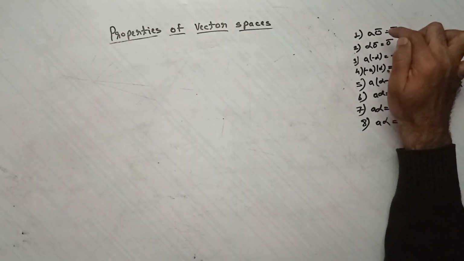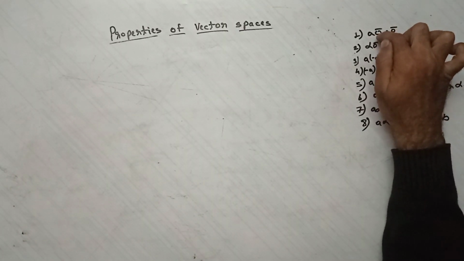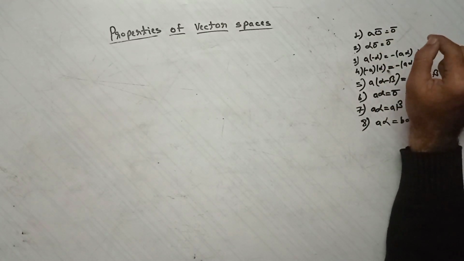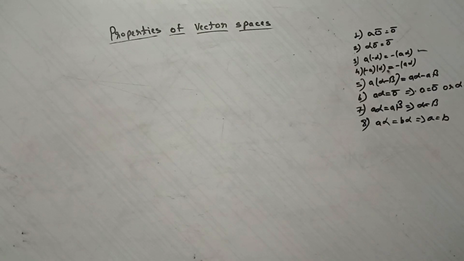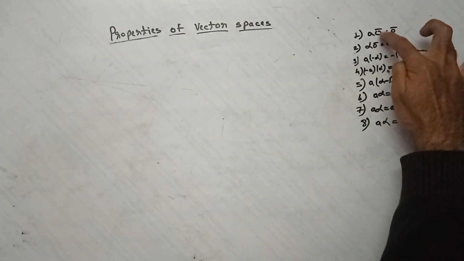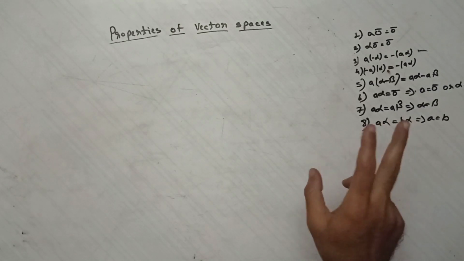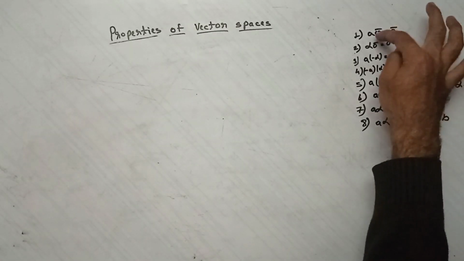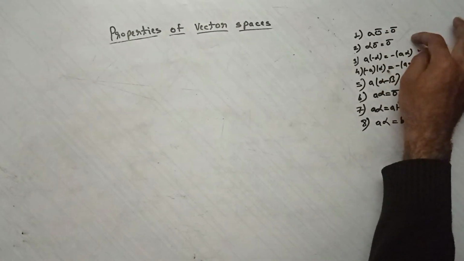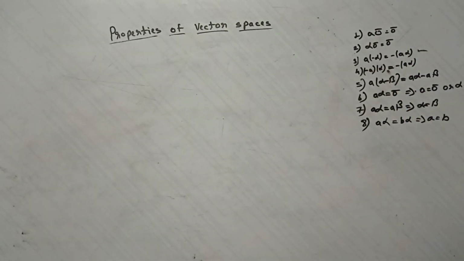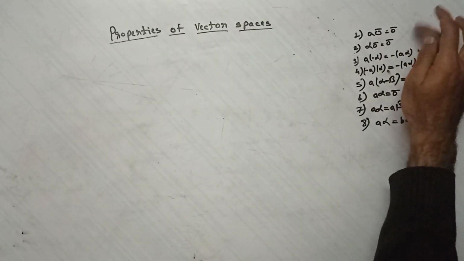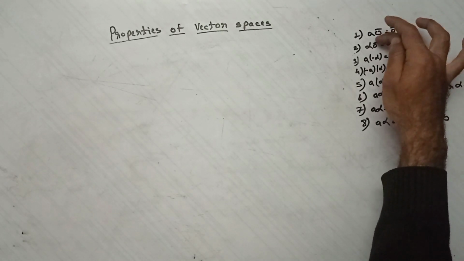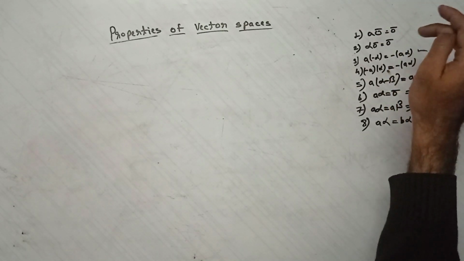We take this one: a times 0. What we did for proving that it is 0: we write 0 as 0 plus 0. Here we use 0 as 0 plus 0, and while proving a times 0 plus 0, taking the right-hand side, we take it as 0 vector equals 0 vector plus 0 vector. For the first and second, we use the same thing: 0 vector equals 0 vector plus 0 vector in both.